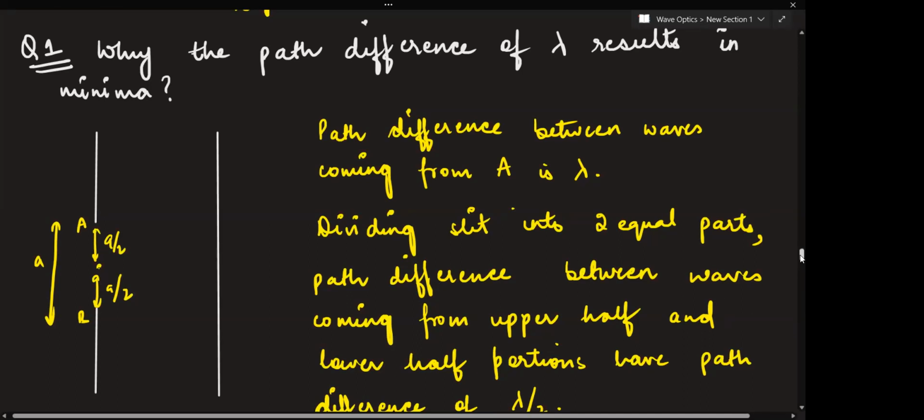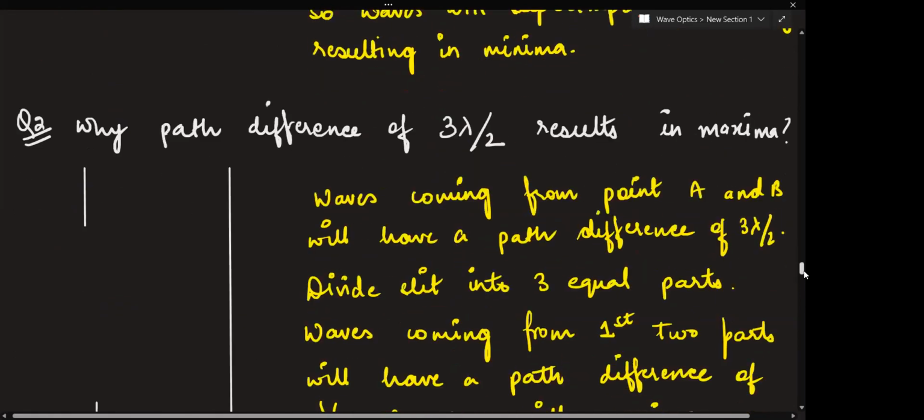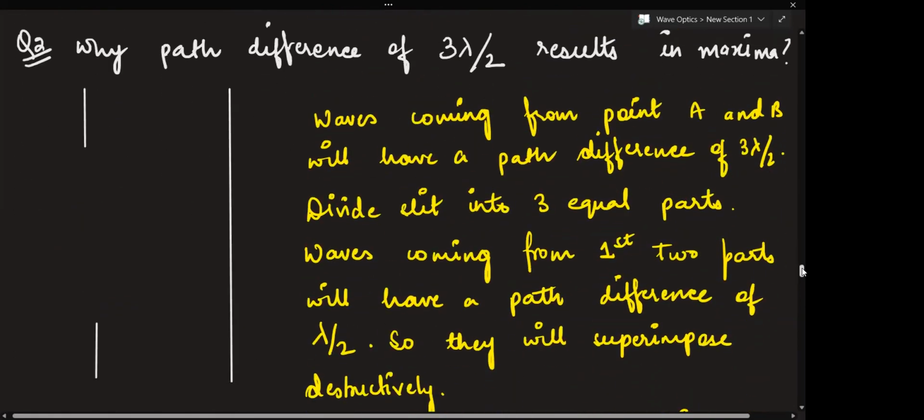Similarly, when the path difference is given as 3 lambda by 2, if we divide the slit AB into 3 equal parts, where a is the slit width, then this part will be a by 3, this will be a by 3, and this will be a by 3.